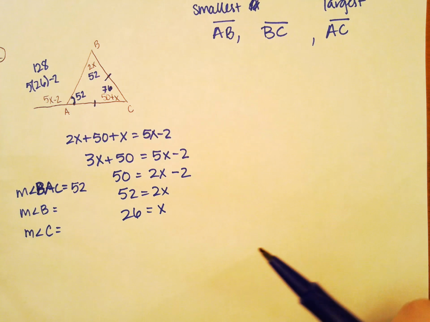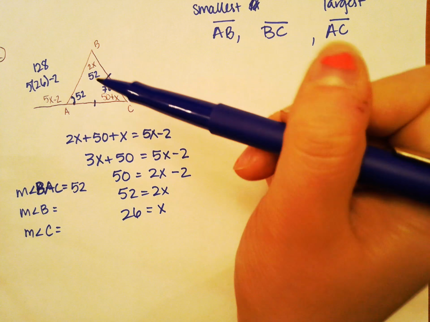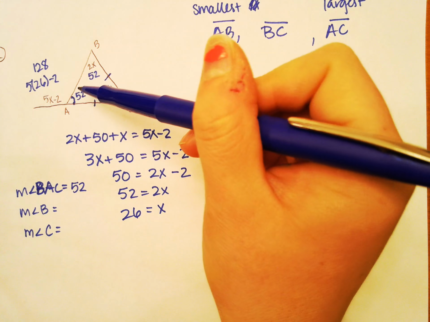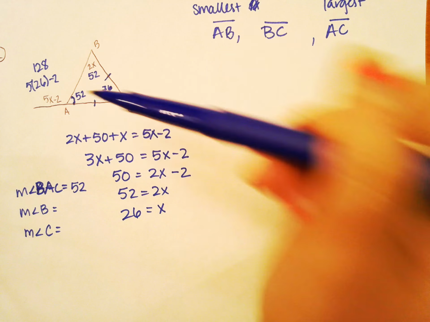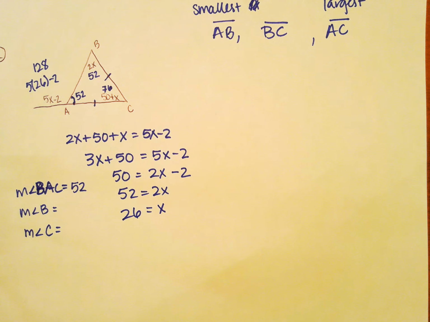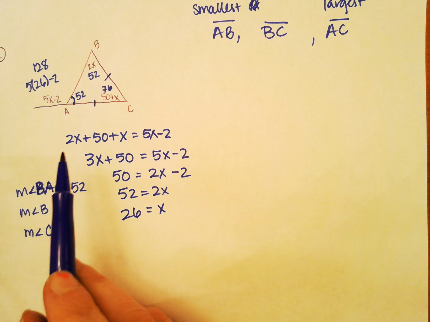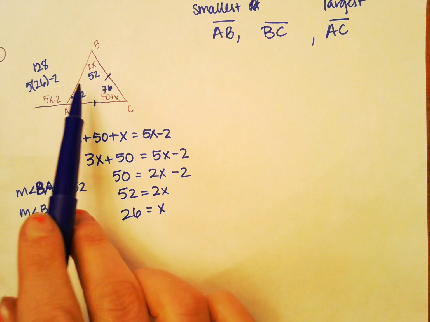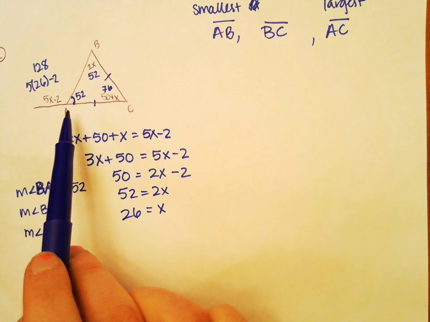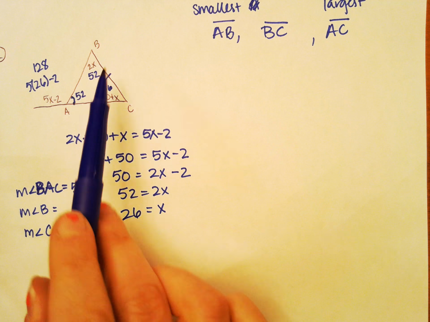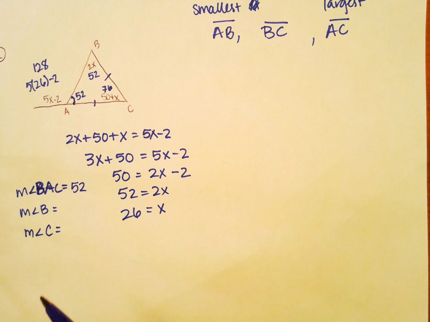And that should make sense because, with the converse of the base angle theorem, if my two angles are congruent, then the sides opposite them have to be congruent as well. And we can see that with the triangle larger angle theorem too, because I have two smaller angles that are equal, which means that the sides opposite of them must be equal too.